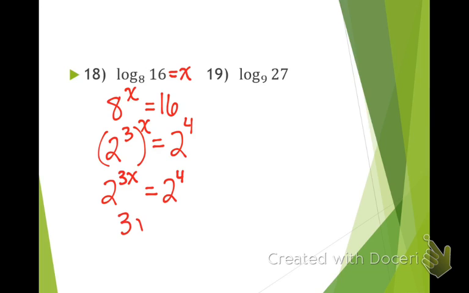So I can just take 3x and set it equal to 4. Questions about that step? I'll have to do a couple of problems like that again. What's our last step to solve for x here? Divide by 3, so x equals 4/3. If you prefer to write that as 1 1/3, you could. I would just leave it as 4/3.